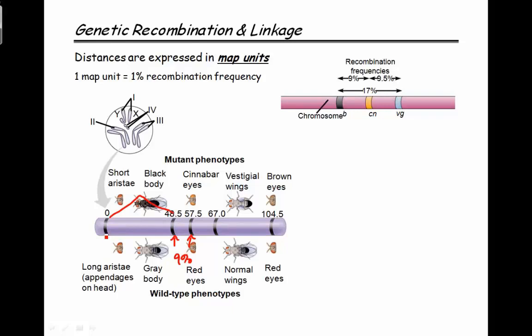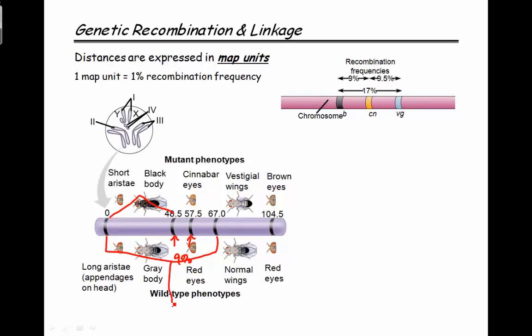Now notice that from here all the way over here, we're getting 67 map units. We can't simply turn that into 67%, because keep in mind that we don't have percents over 50. So 67% would most definitely be wrong here. When you get a recombination frequency of 50%, it means 50 or more map units apart from each other.